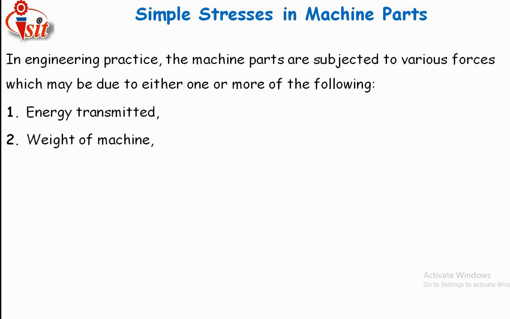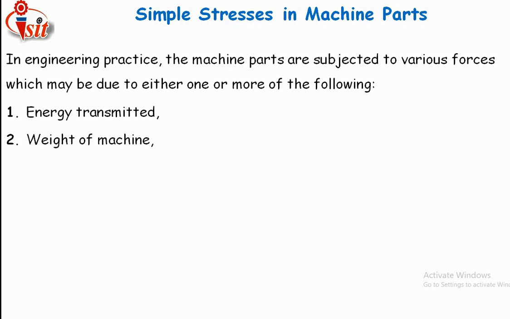The causes due to which the load acts on the machine part are one of the following. The first cause is the energy transmitted. As we have studied in the definition of machine, a machine is a device which takes input in the form of energy and transfers that energy to another element. That means it is an energy transmission device.